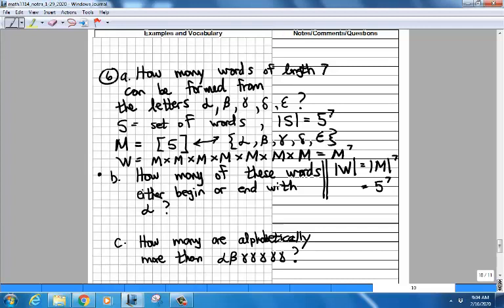If you wrote down 5 to the 7th power, you're going to get the right answer, because that is the correct answer. But the step I need you to think about is, why is that the correct answer? So why is there a one-to-one correspondence between W and S? So why are S and W equivalent in that sense? There's a one-to-one correspondence between those things.